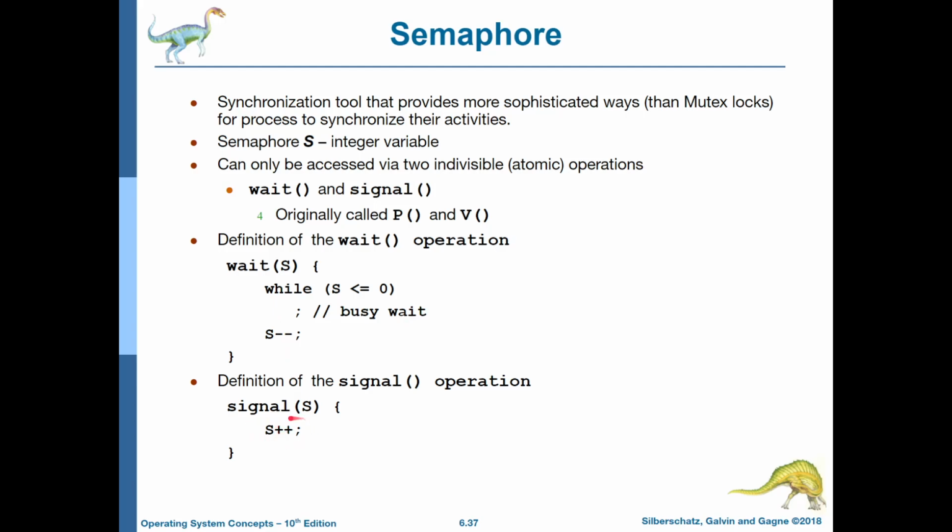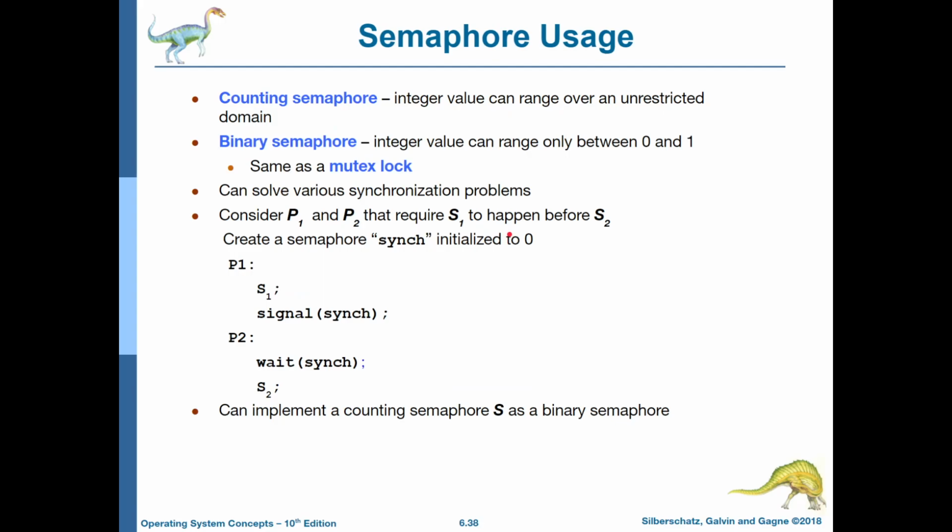When it's signaled. When you perform the signal operation on a semaphore, it bumps that up. You can use this wait and signal combination to provide locking on a particular critical section by using this semaphore.